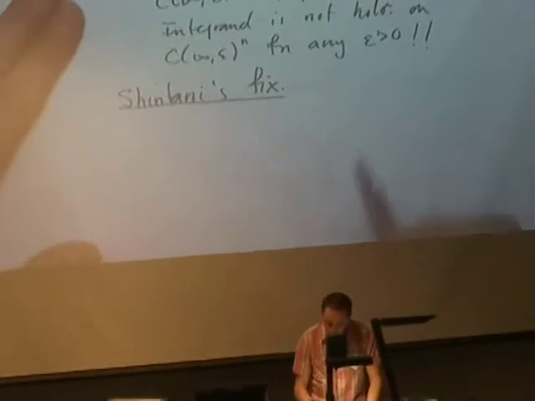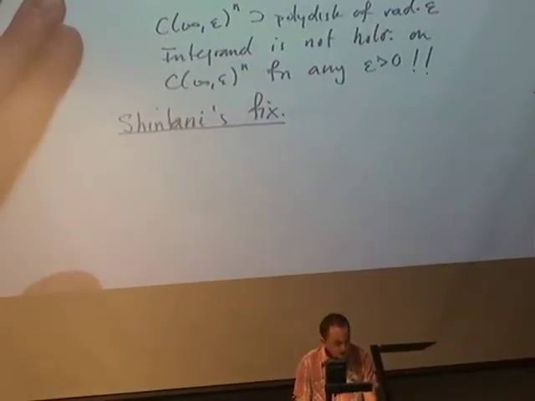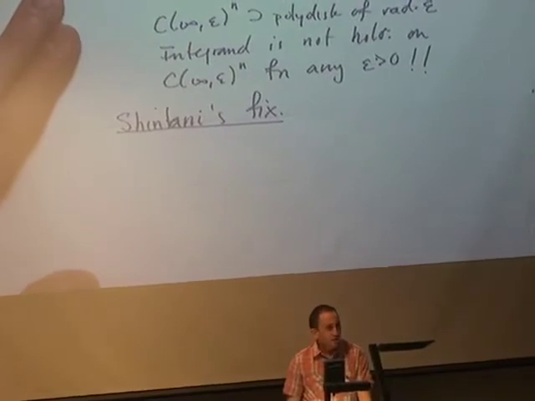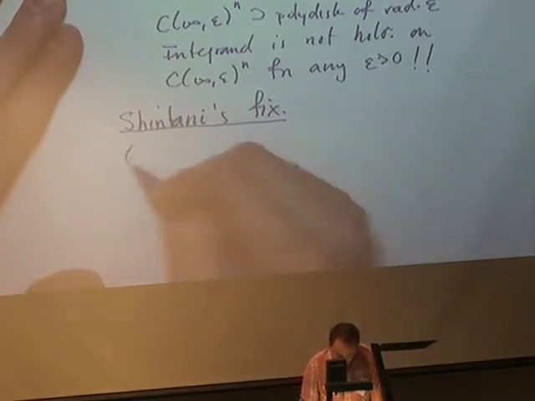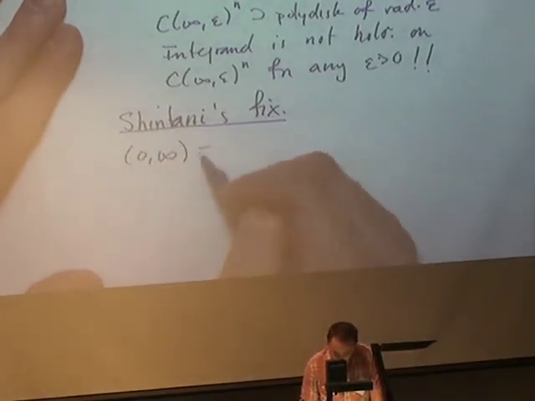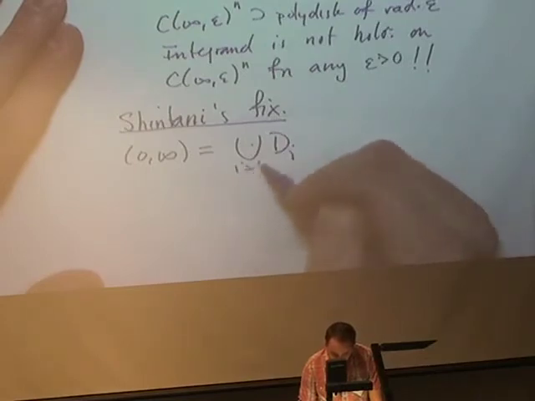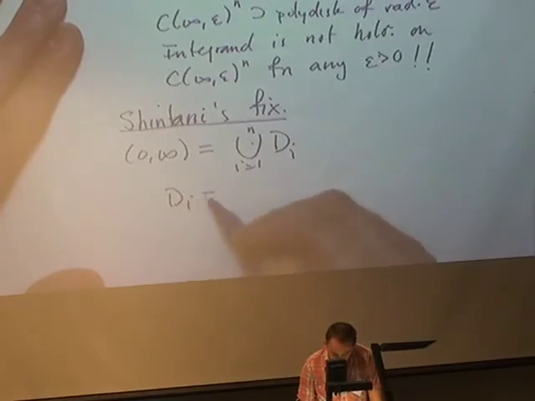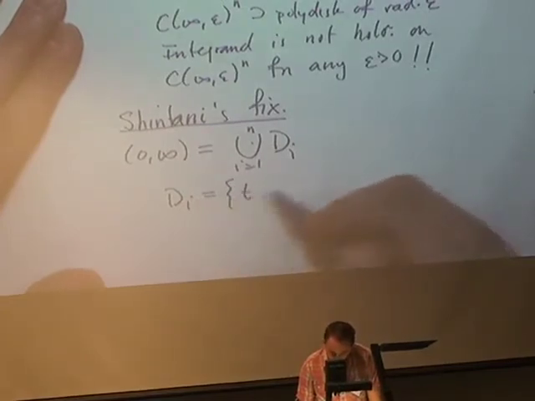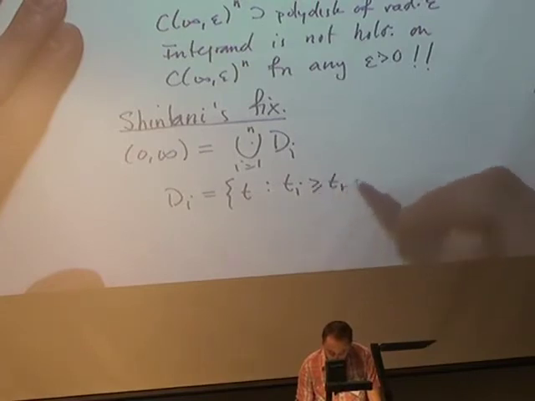And his fix was to go back a step and subdivide the region we're integrating over, namely the product of n copies of the open interval from 0 to infinity. He'll write (0, infinity)^n as the disjoint union of n sets, which I'll call D_i, where D_i is defined to be the set of all tuples t such that t_i is the biggest element in the tuple.